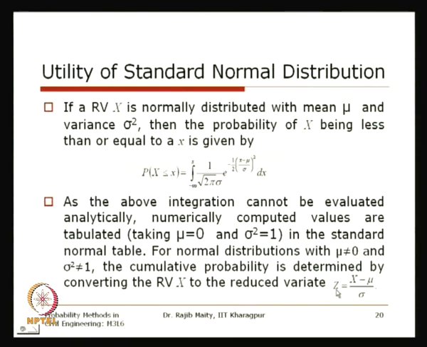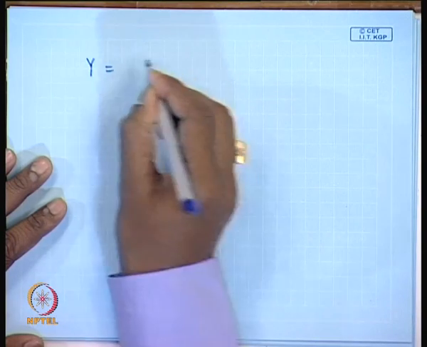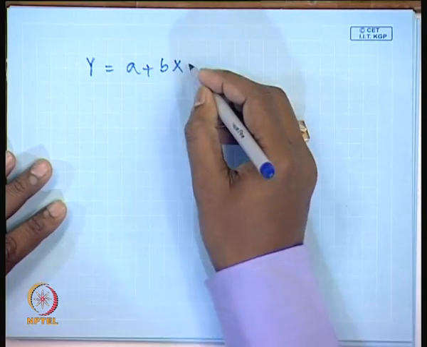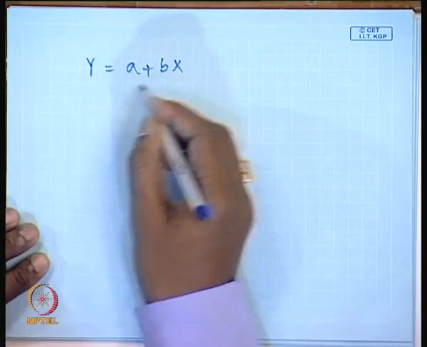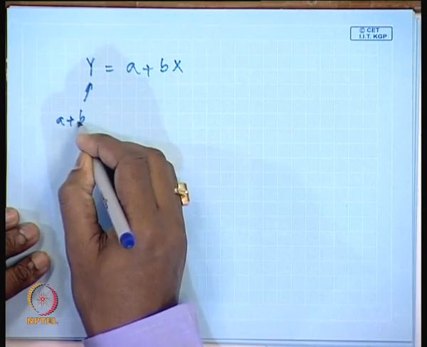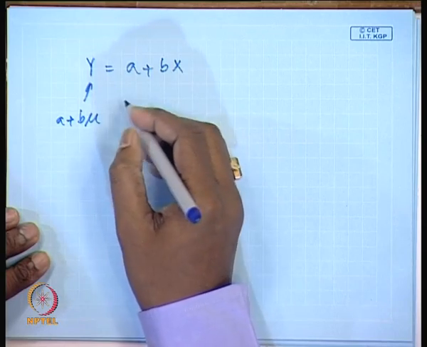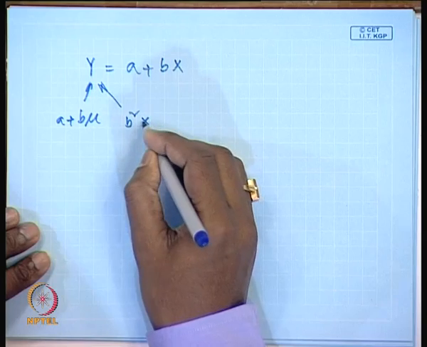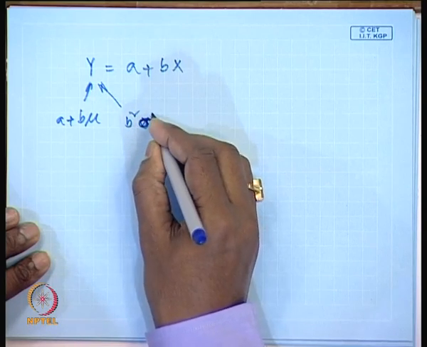Now, we have seen just now, in a minute, that if y is equal to a plus b x, and if this is normal distribution, its mean, the mean of this y, is a plus b mu and its variance is b square sigma square.